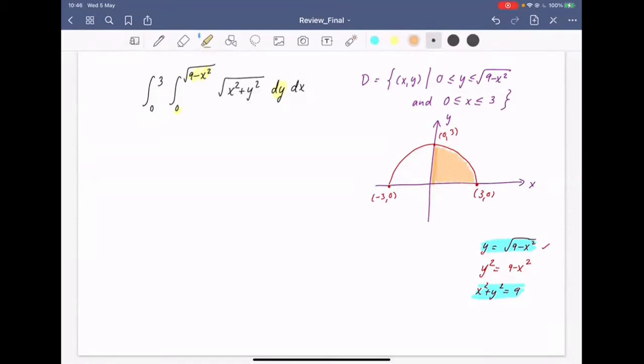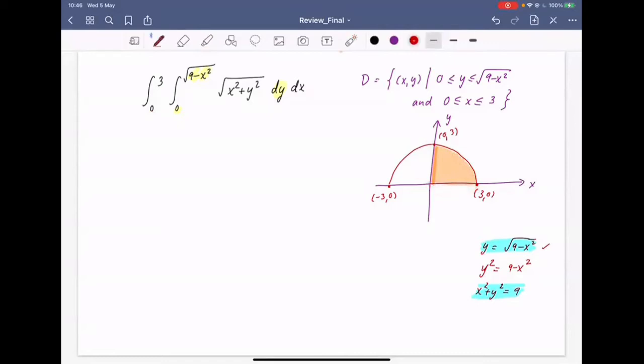How do I know? Once you figure out what area you want to integrate over, you can double check with your question. The question says y from 0 to square root 9 minus x squared. Yes, that's perfect. And x from 0 to 3. Yes, that's good. This is what I want.